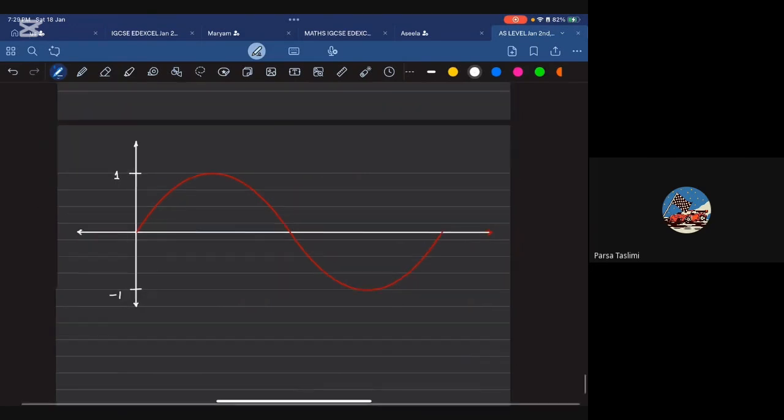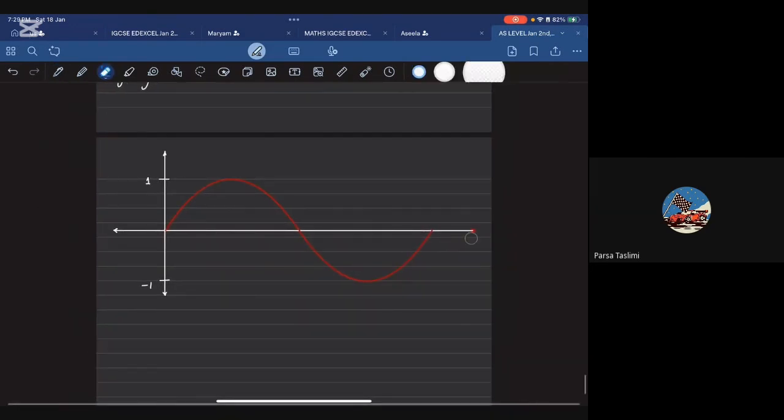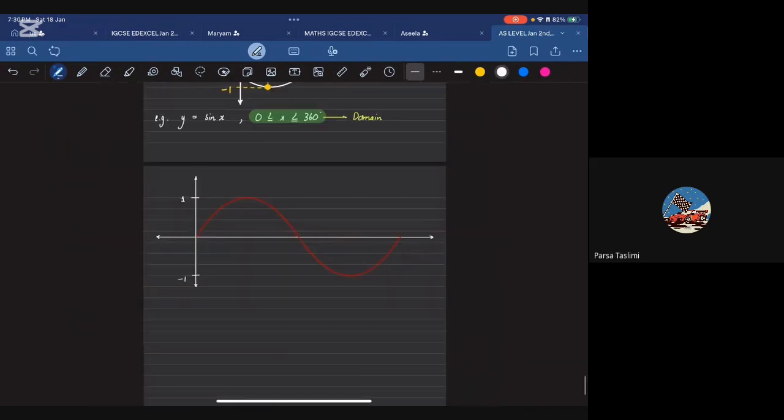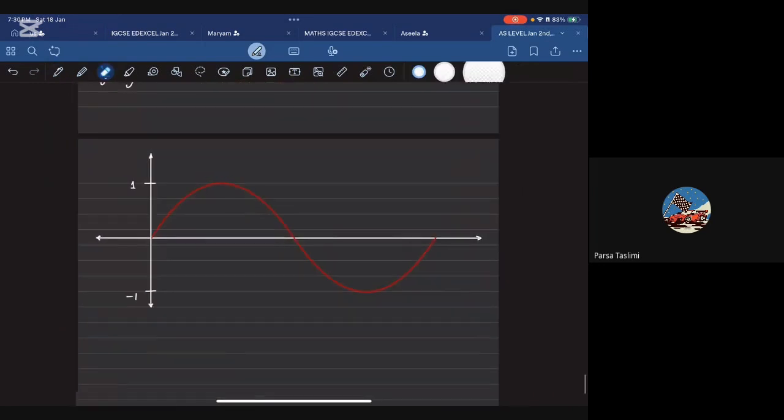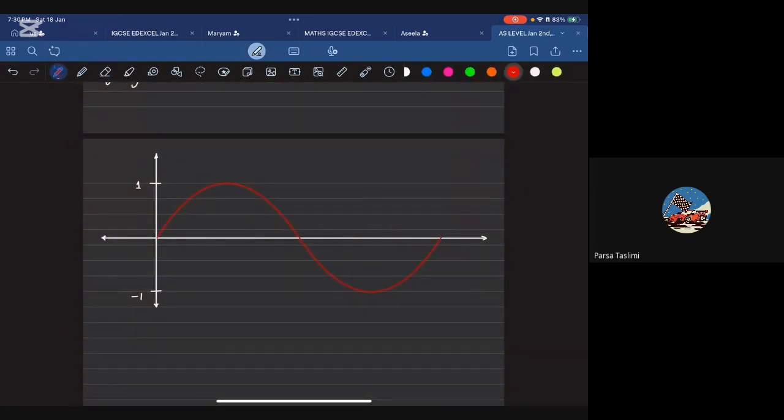Now, Parsa, considering the domain, for example, the domain is given to you as 0, 2, 3, 6. Even if my domain was not given, Parsa, is there any chance that my graph for y is equal to sin x exceeds above 1 and -1? Yes, Parsa. Can you repeat?